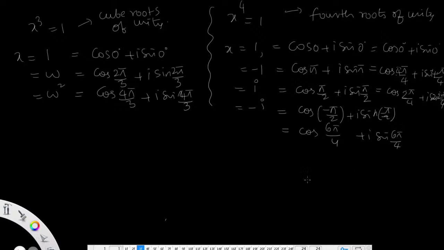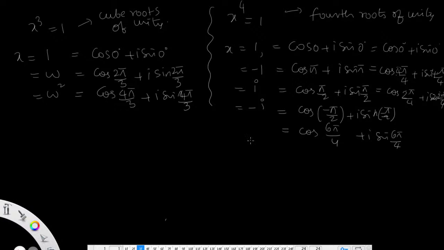Why am I writing like this? You can observe that we can write the angles as 2π/4, 4π/4 and 6π/4. 4π/4 is π, 2π/4 is π/2, and -π/2 is 6π/4. The angles are in the form of multiples of 2.